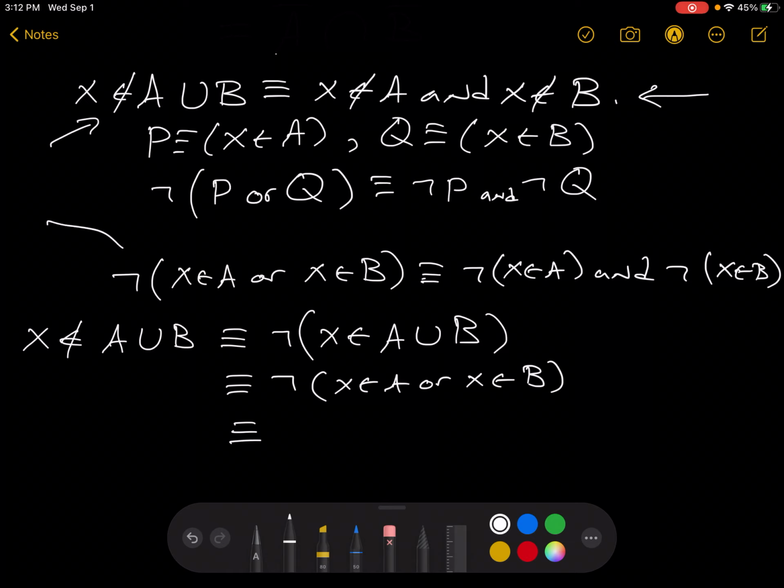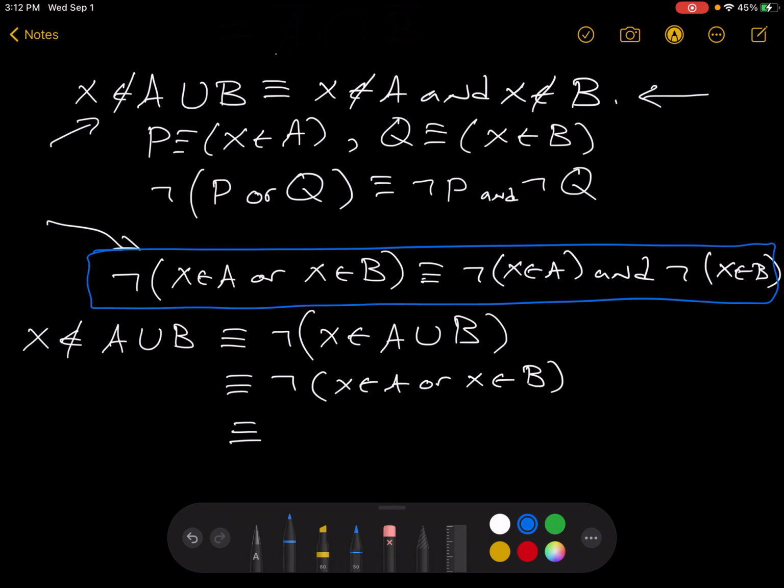Now by this equality here, put that in a blue box or something. By the blue box, that is equivalent to not X in A and not X in B. Remember the thing in the blue box is really just a special case of one of De Morgan's laws.